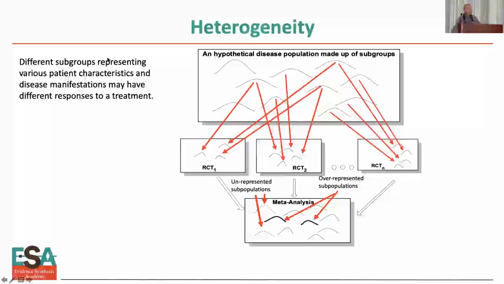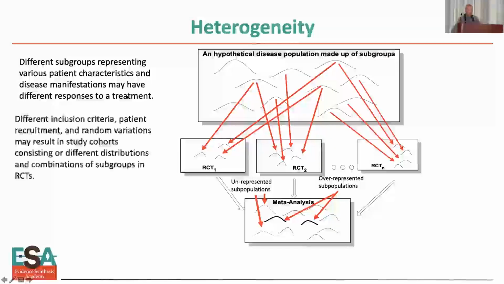So the different subgroups here are representing various patient characteristics and disease manifestations, and they may have different responses to a treatment. There are different inclusion criteria, different patient recruitment methods, different random variation in study, and this can lead to cohorts in these studies that consist of different distributions and combinations.